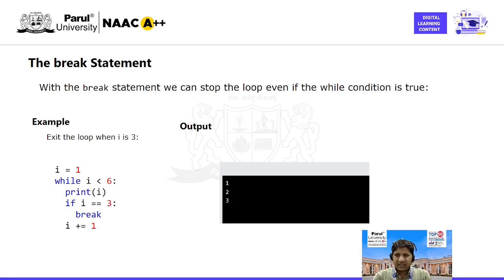Once you set i = 1 and i < 6, as we already saw in the previous example, your loop will be executed 5 times. But if we want to break the loop when i is equal to 3, when i reaches 3, then the loop will be terminated.